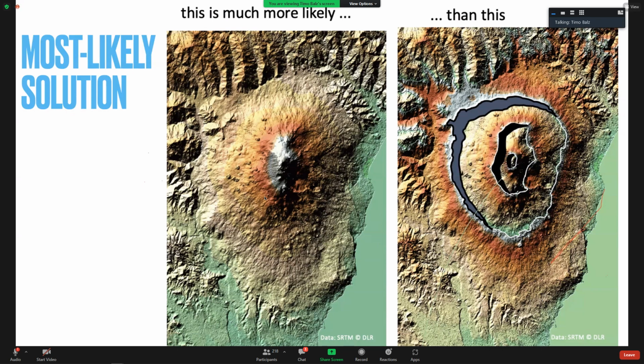Although it's very unlikely that your mountain has such jumps and going down, you can imagine, for example, volcanoes, where you find such craters or such structures that are probably not likely and certainly not smooth in that sense.